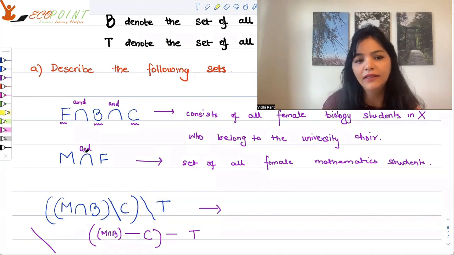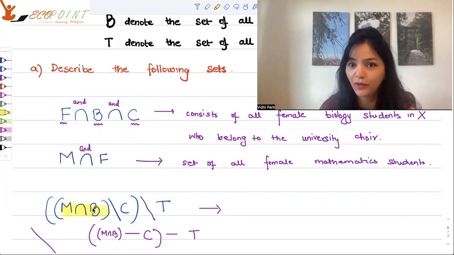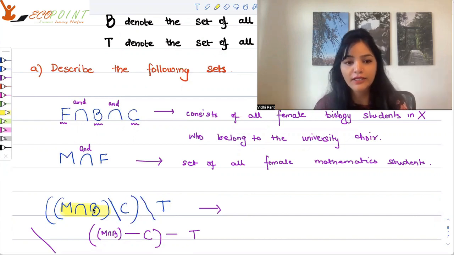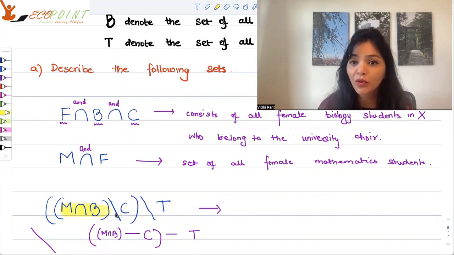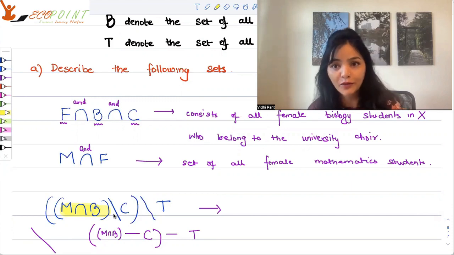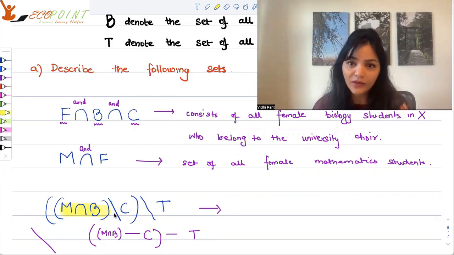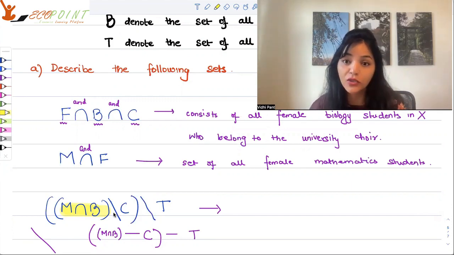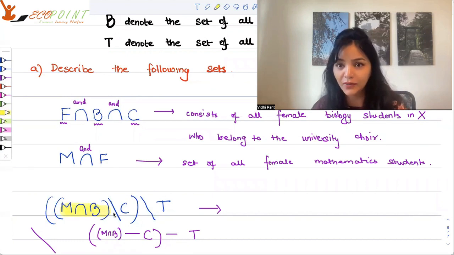Clearly, the intersection tells you that you want students who have both mathematics and biology, but you don't want them to be in the choir. They should not be part of the university choir. And whatever is the result should not be a part of the tennis club also. So they should not be playing tennis as well.